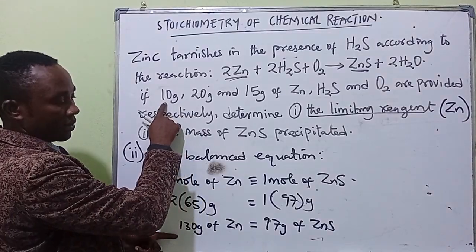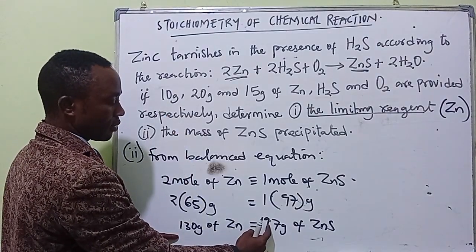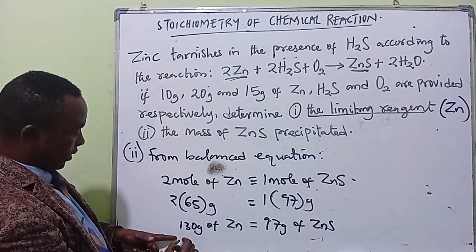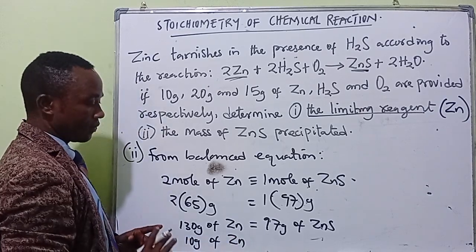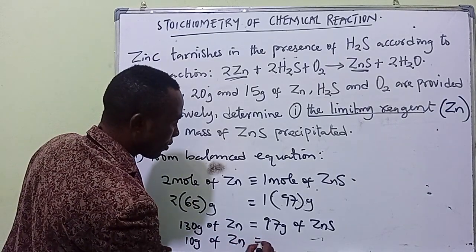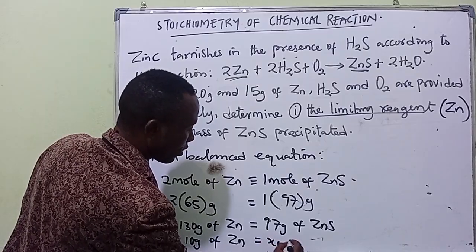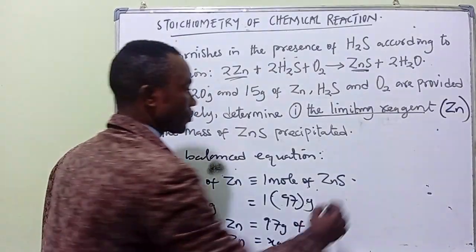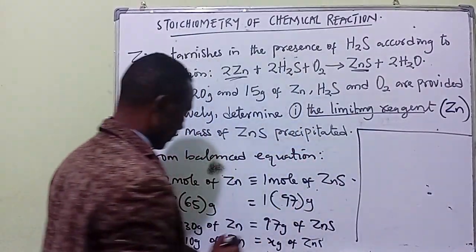The mass of zinc is 10. So 130 gram of zinc, we need 97 gram of zinc sulfide according to the balanced equation. Then 10 gram of zinc provided in the equation, we now form X gram of zinc sulfide. So you need to get what X is. We can use this space here to complete it.